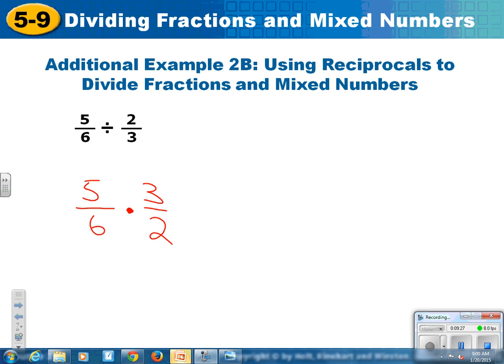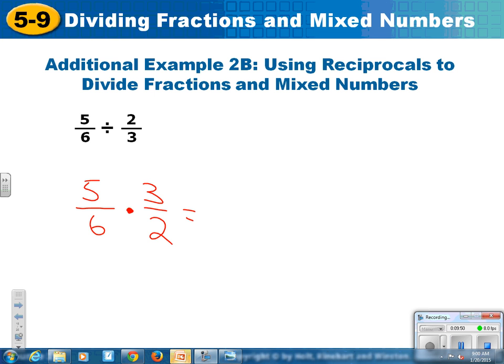So instead of dividing, we're multiplying by the reciprocal. We're basically taking the second number and flipping it over. Then I look for greatest common factors, the same thing we did for multiplication. 5 and 2 don't have one, but 6 and 3 do. What is 6 and 3's greatest common factor?